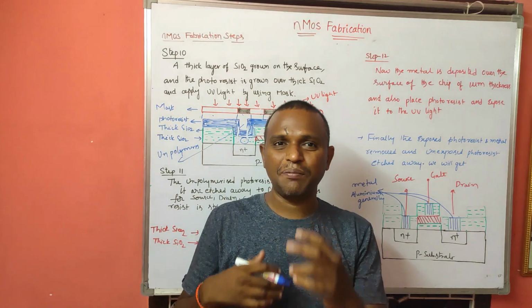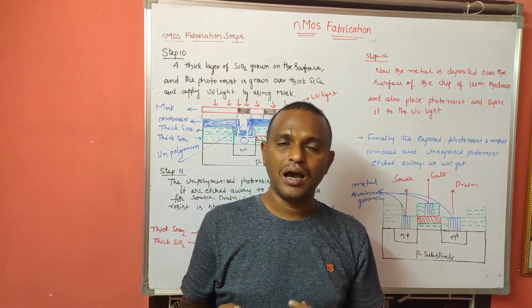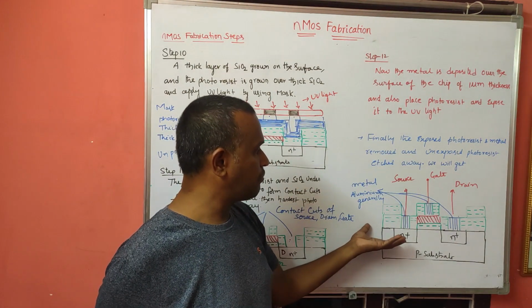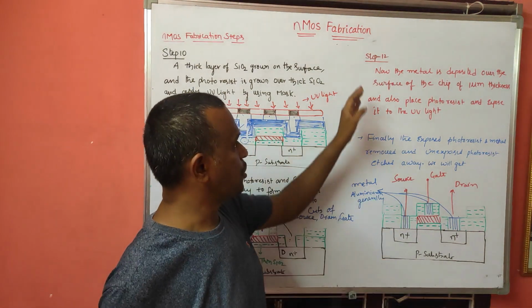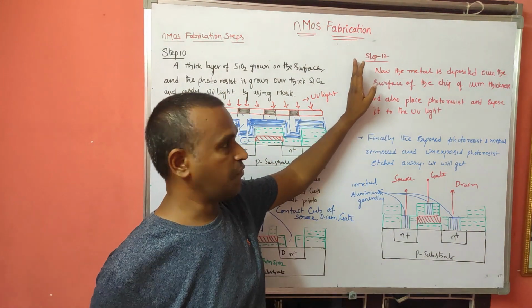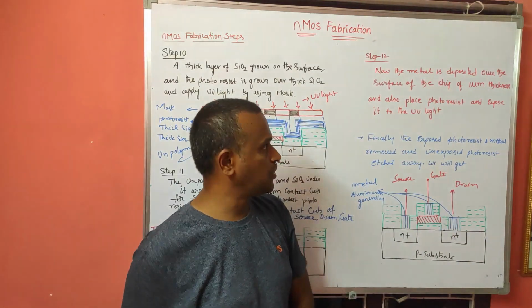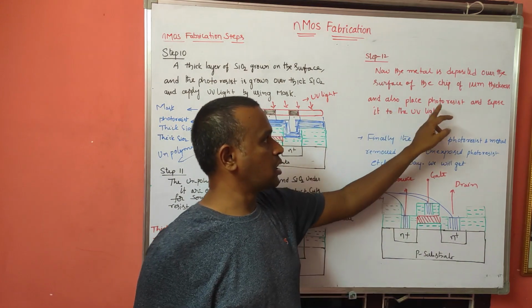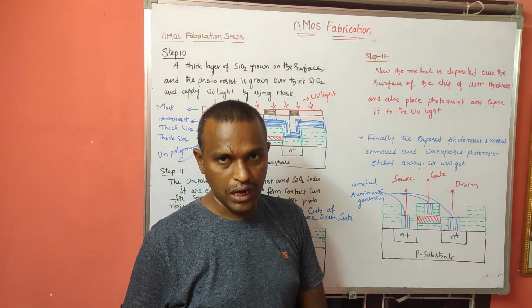We'll repeat the same process, that is using the photoresist and mask, and if you do that we will finally get the structure of the nMOS transistor. The final step is that the metal is deposited over the surface of the chip with 1 micrometer thickness, and photoresist is also placed and exposed to the UV light.